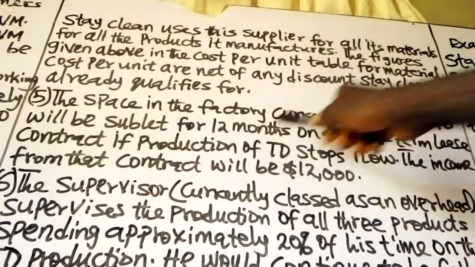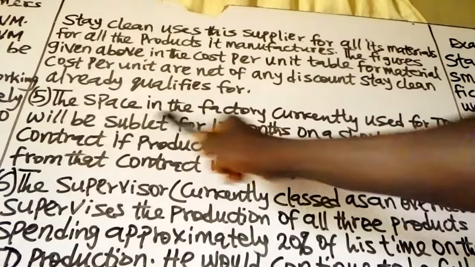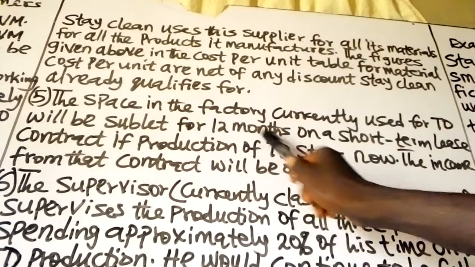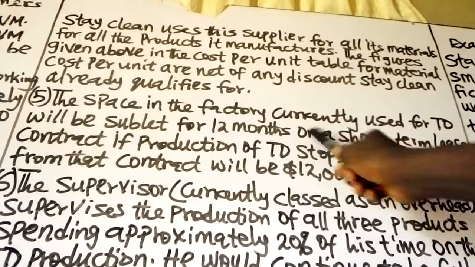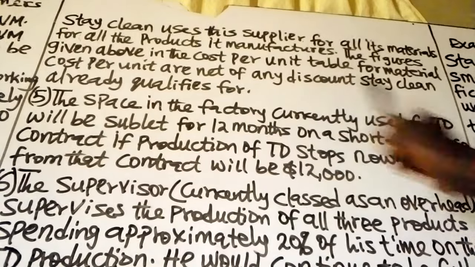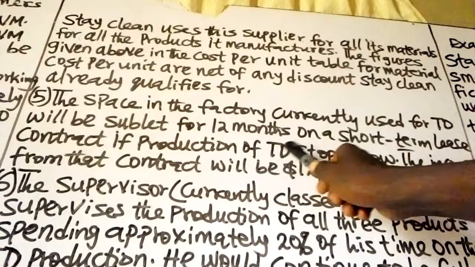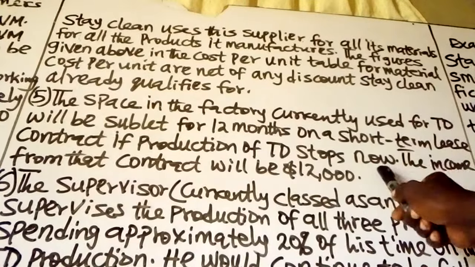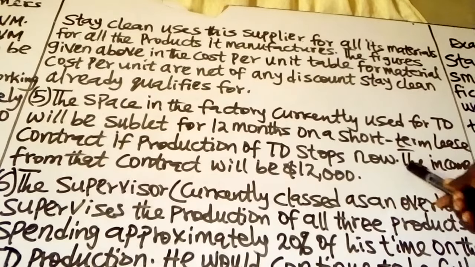The space in the factory currently used for TD will be sublet for 12 months on a short-term lease contract if production of TD stops now. The income from that contract will be $12,000.